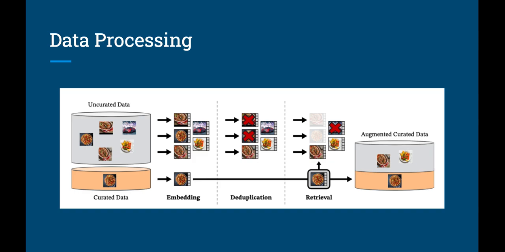And then the next step is called deduplication, where they remove the duplicates of these images they found online. The method they use is described in another paper called A Self-Supervised Descriptor for Image Copy Detection. This just promotes model diversity. The same image shouldn't be used twice in the same data set.